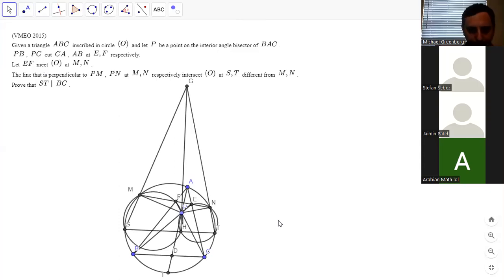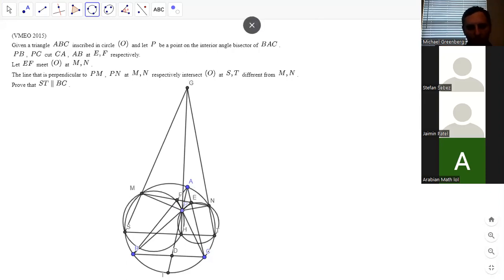So, yeah, how do we use that P lies on the angle bisector? Are there some other cyclic quadrilaterals? Is maybe AFPN cyclic? No, I don't think so. We have that GMPN is cyclic, because it has two right angles.